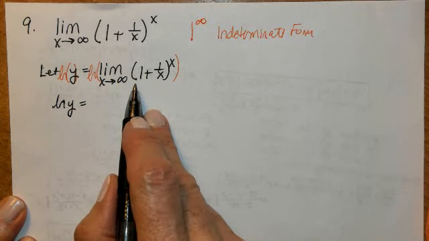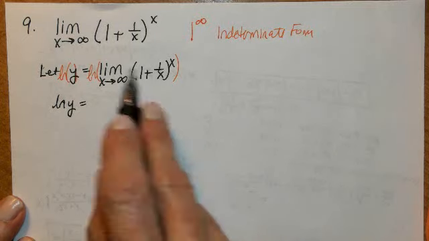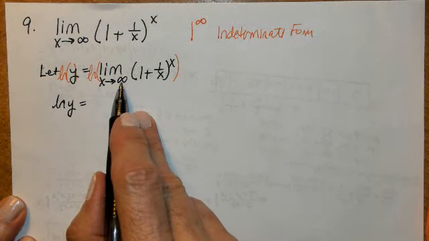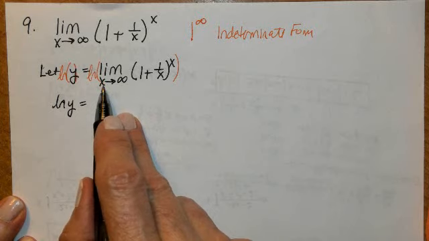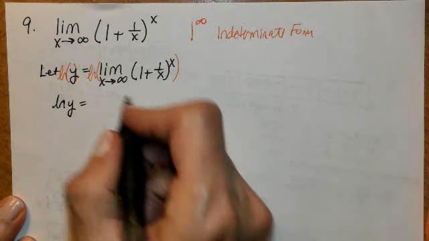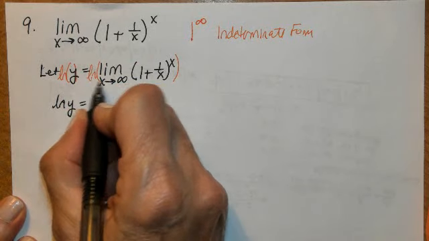Now, there's a property of limits that you don't know until now, but the natural log of a limit is the same as the limit of the natural log of that function. So in essence, I can switch the natural log and the limit.